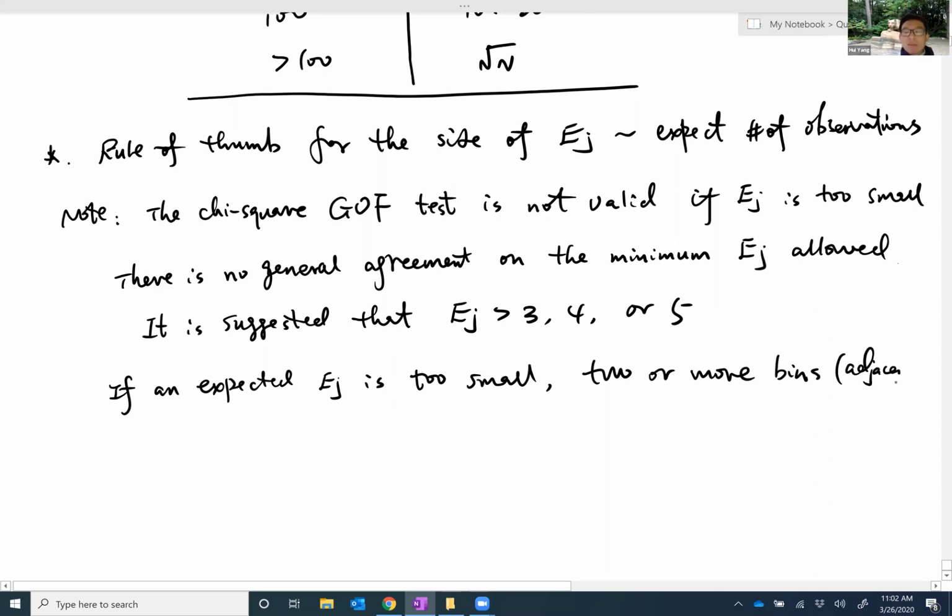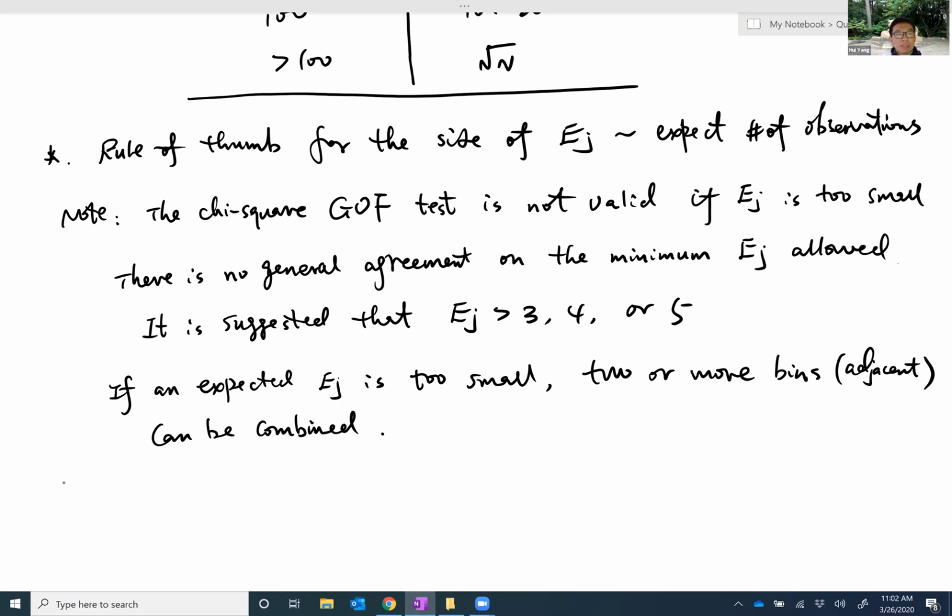That means they are neighbors next to each other. You can merge them together so that they can be combined. So this gives us the theoretical part of the chi-square goodness of fit test. Now, let's have a look at an example on chi-square goodness of fit test.